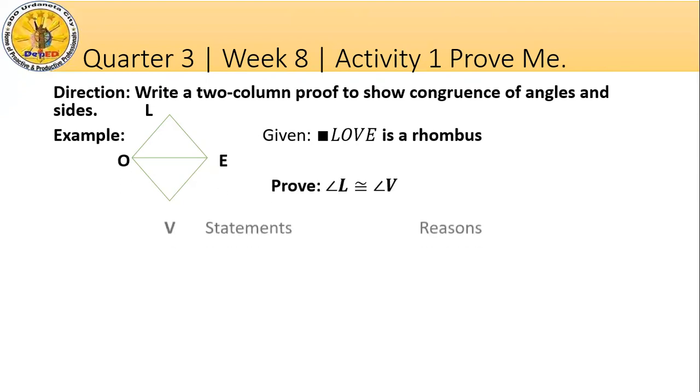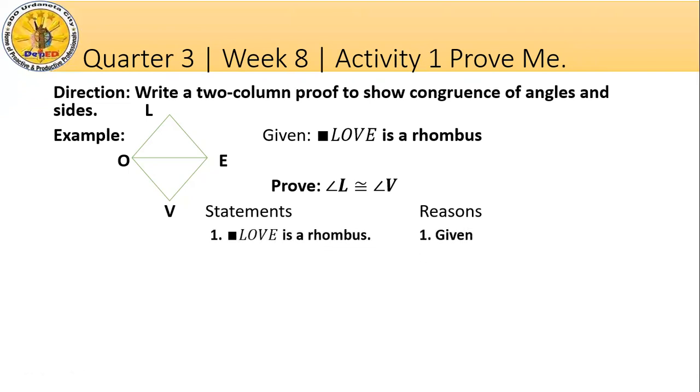You are going to prove that angle L is congruent to angle V. As I mentioned last week, what do we usually write on the first statement? It is the one found in the given. So, quadrilateral LOVE is a rhombus, and your reason is the given.